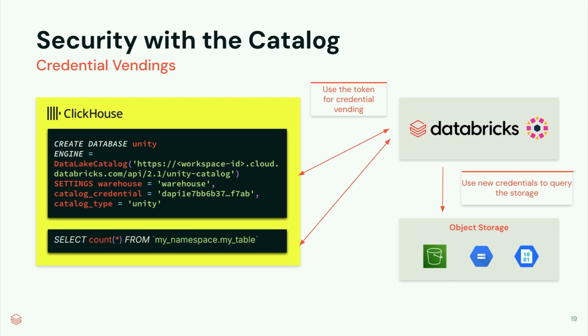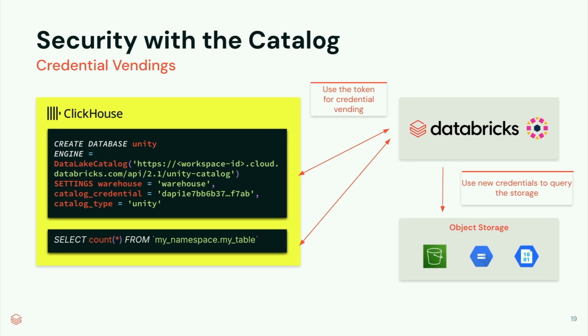The way it works in Databricks, with the Unity catalog, but it also works with other REST catalogs, is that it has the concept of credential vending. So when your query engine connects to Unity catalog, the Unity catalog is going to generate specific tokens based on the permissions that you gave to the user.